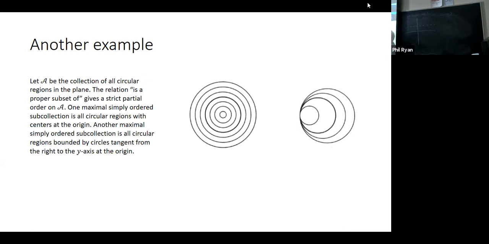So we have a collection of all circles centered at a point. That's going to be a maximal. Or if we have a collection of circles all tangent to a given point, that will also give another maximal simply ordered subcollection.